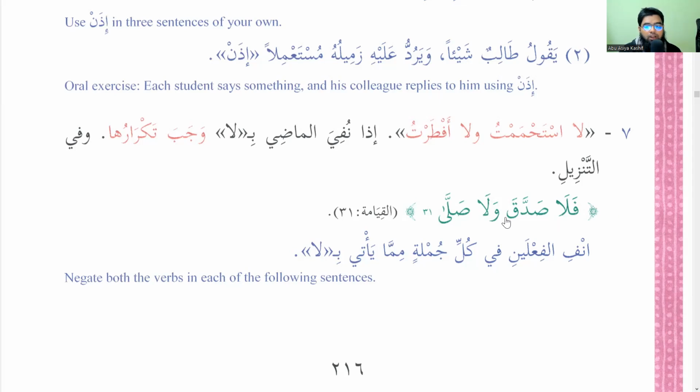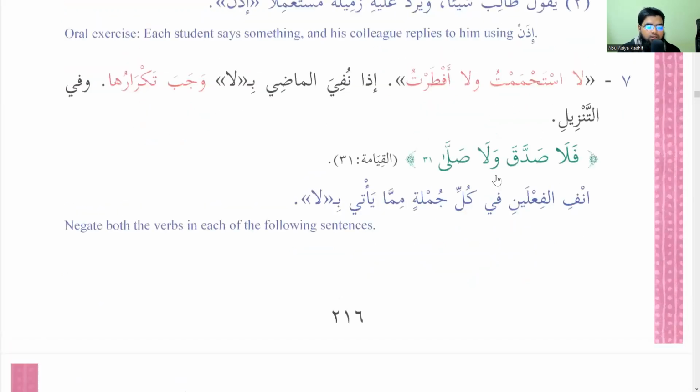In the Quran it came, "fala saddaqa wala salla". Neither did he believe, saddaqa yusaddiqu tasdiqan is to believe, accept, nor did he pray. And this is in Surah Qiyamah. So this is the next point: if you're using "la" with the past tense, you have to repeat it.